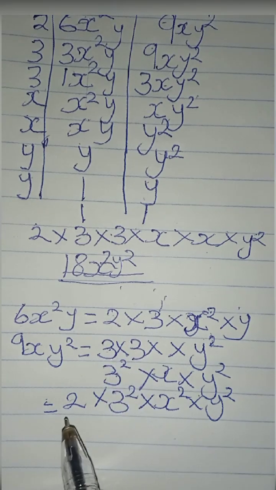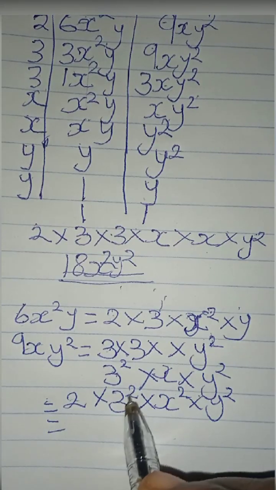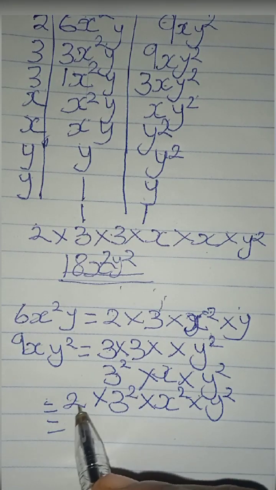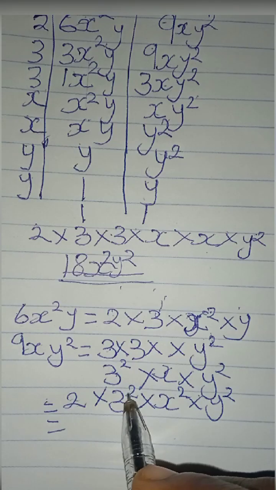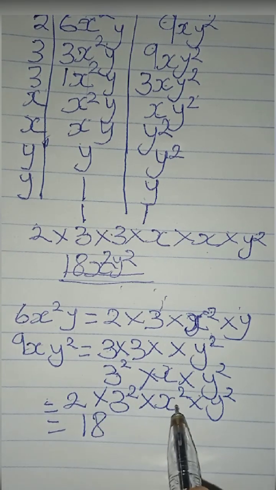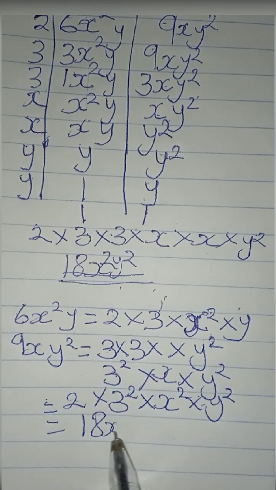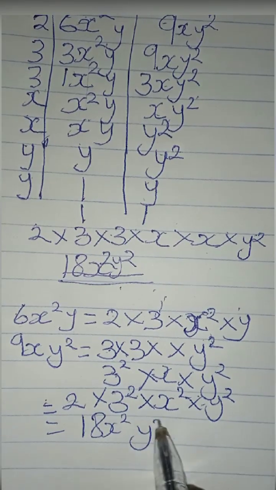I'll multiply it together. So 2 times 3 squared: 3 squared is 3 times 3, 9. 2 times 9 will give you 18. I have 18. x squared times y squared will give you x squared y squared.